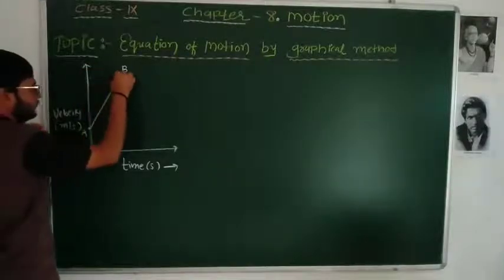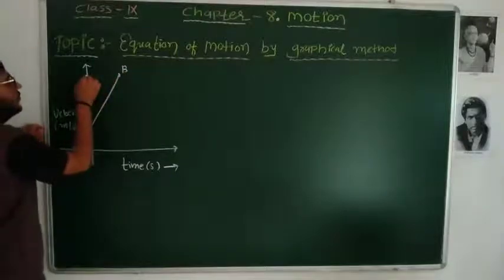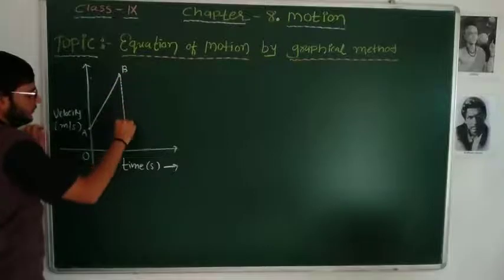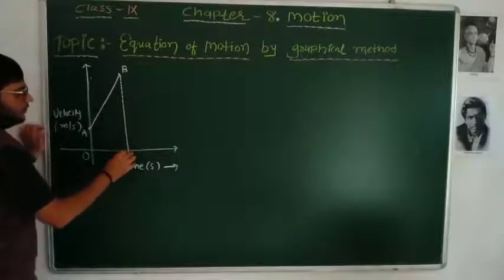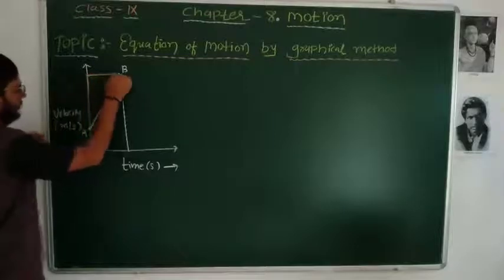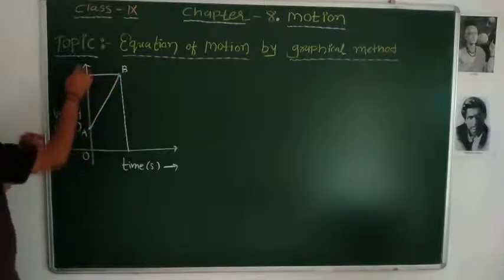Here we draw two perpendiculars, one to the time axis and one to the velocity axis.